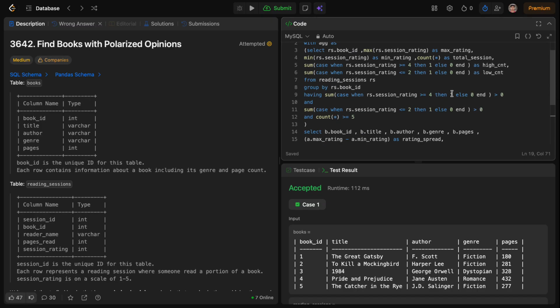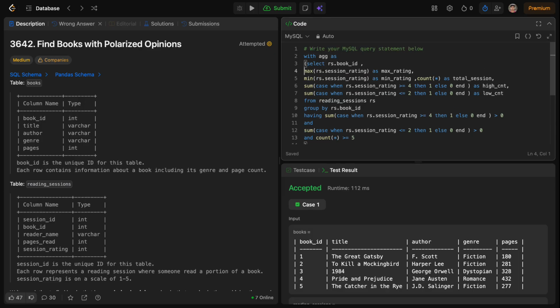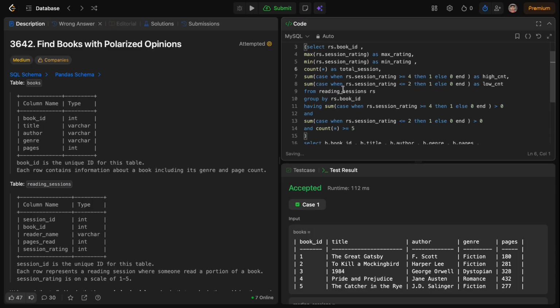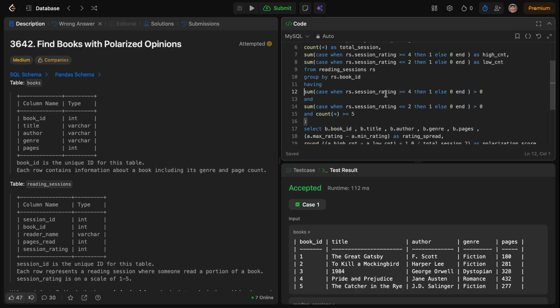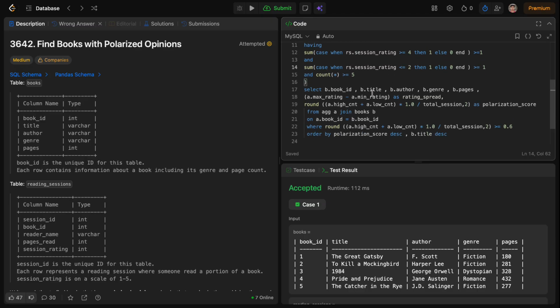Okay, and any other thing: check maximum as a, count session as total, everything GROUP BY the book ID, and HAVING SUM CASE WHEN the rating session is greater than 4 THEN 1 ELSE 0, greater than or equal to 1, same here, greater than or equal to 1, and the count asterisk should be greater than or equal to 5.